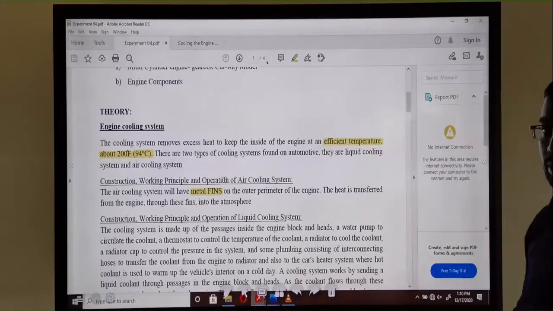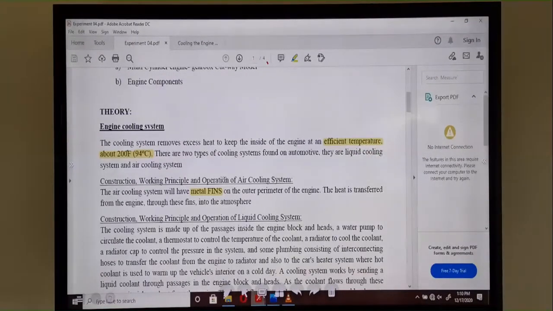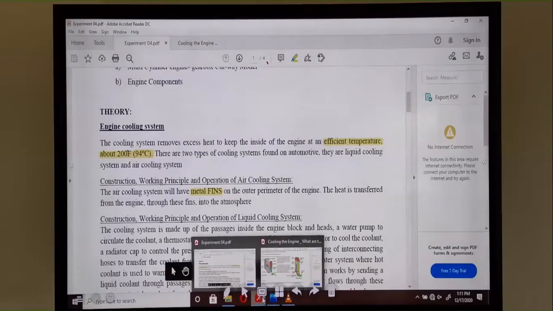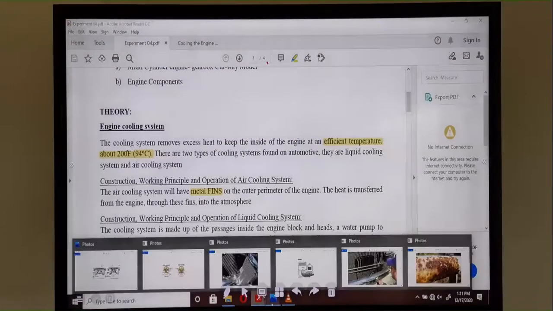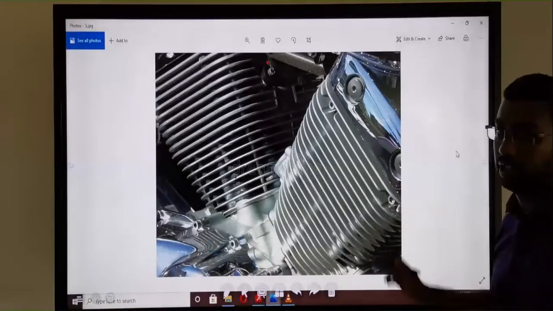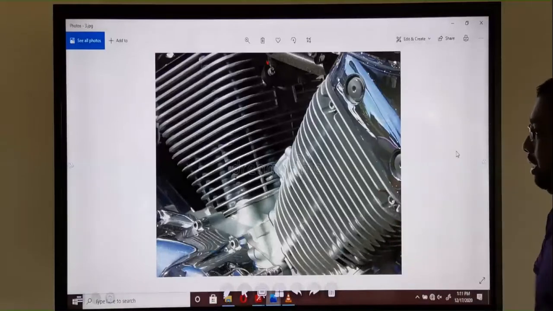There are two types of cooling system. First, the air cooling system. Here there are metal fins on the outer perimeter of the engine that act as the air cooling system. Here you can see this type of metal structure arrangement on the engine.